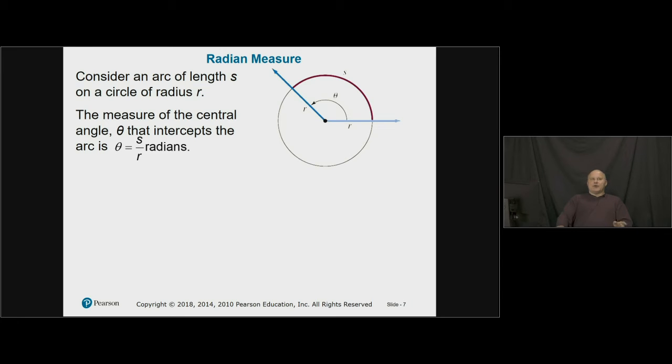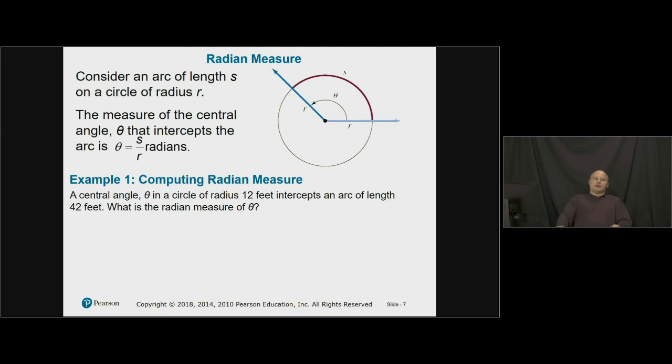So in order for that to be 1 radian, you'd have to pull that terminal side back until the arc equals the radius. So obviously in this picture, theta is a lot more than 1 radian, because S is considerably longer than r, so when you divide S by r, it's going to be more than 1.